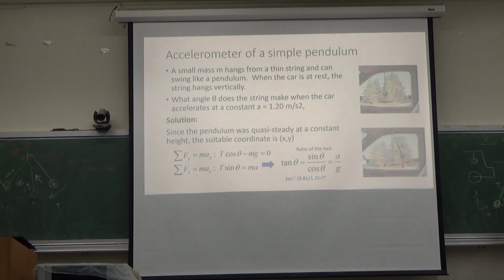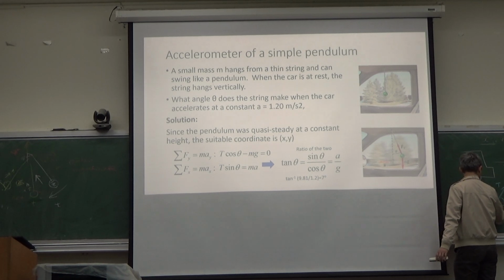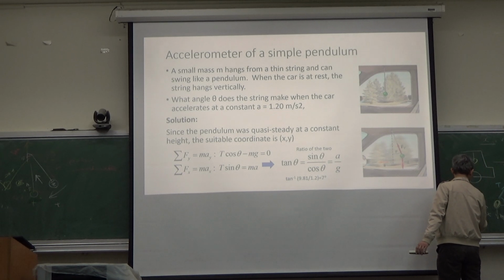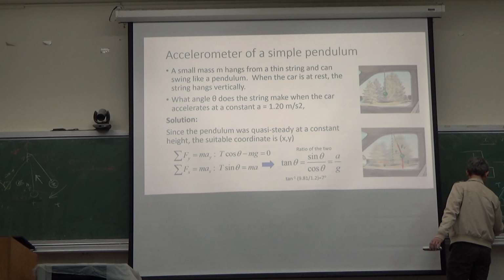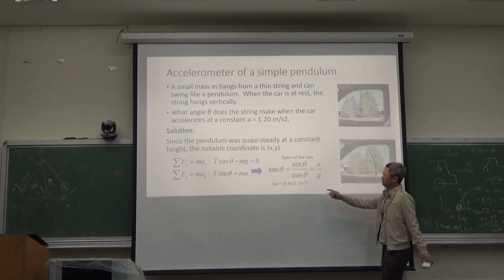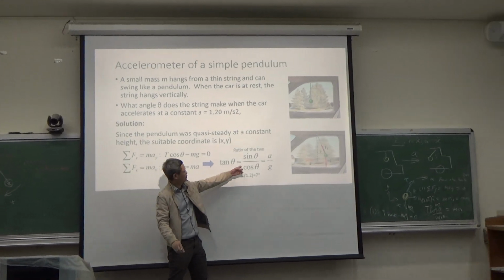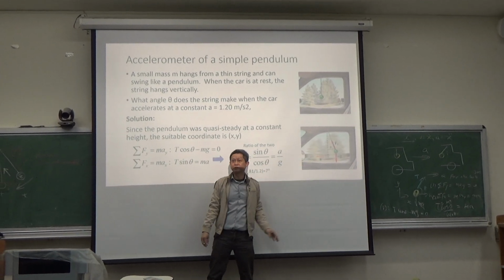I still don't know my T. I get the T from my first equation, which is T sine theta minus the weight equal to 0. So I can find my T is equal to mg divided by sine theta. In that way, your acceleration can be obtained from the angle of inclination.